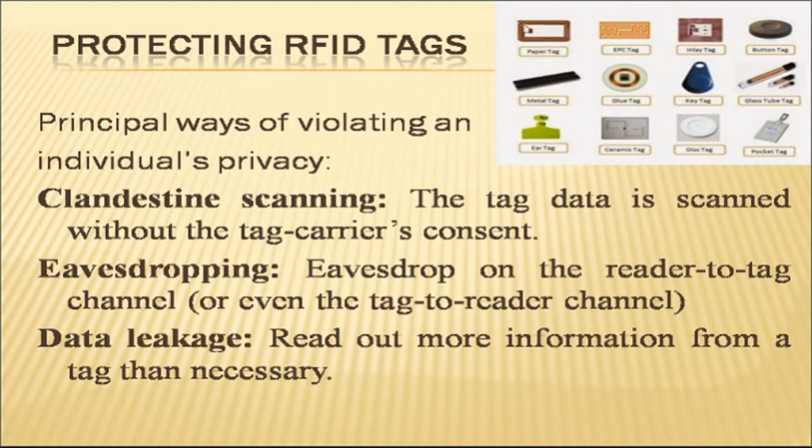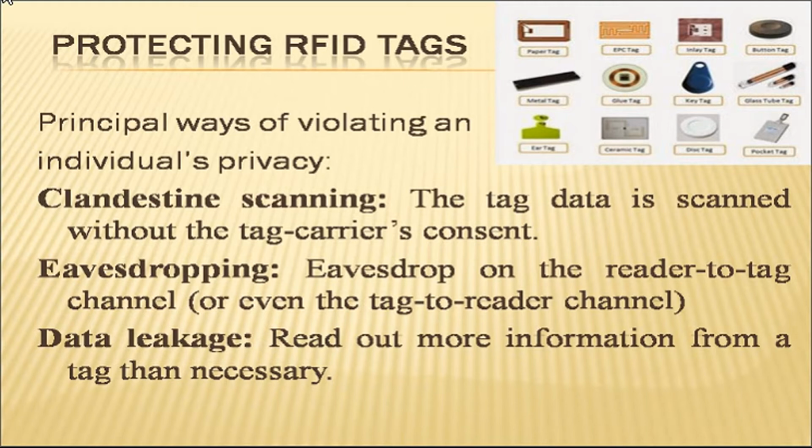Now to understand how it can be protected, first we have to understand how privacy can be violated in terms of RFID tags. The first option is clandestine scanning. Here the tag data is scanned without the tag carrier's consent, for example by revealing the contents of bags that one cannot see through, or by looking at what the person has bought.